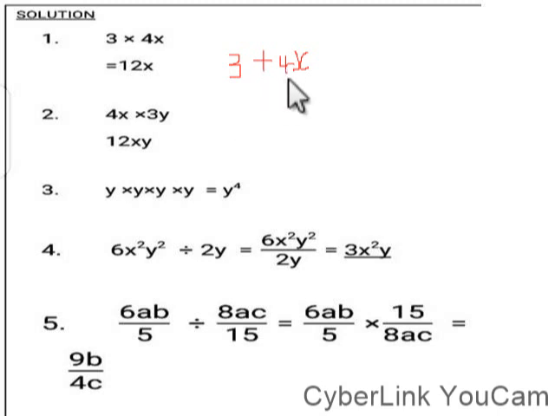This one is having x, whereas this one is a constant value, not having any alphabet attached to it. So they are unlike terms. In terms of addition or subtraction, you can never bring them together because they are unlike terms. But in terms of multiplication, we can always bring them together, or in terms of division, if it can actually be divided.